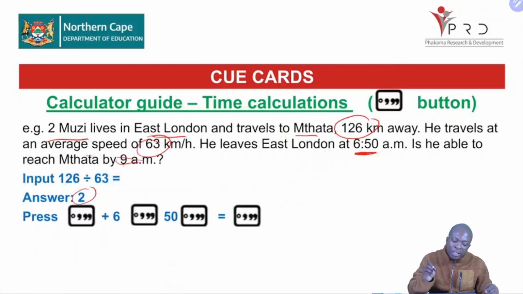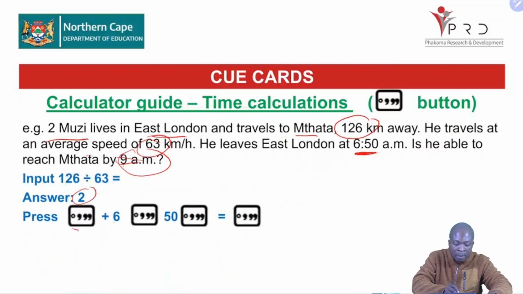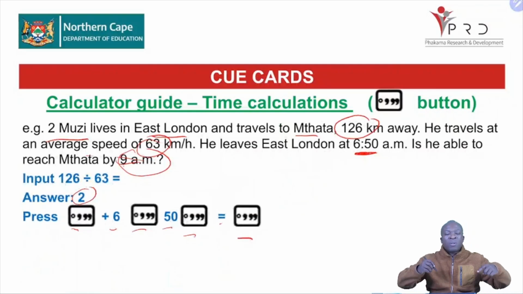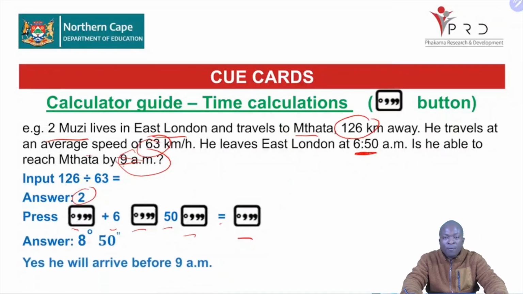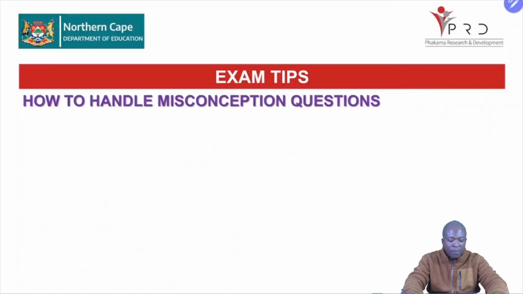Now, they are checking whether you are going to be able to arrive before 9 a.m. or after 9 a.m. So while you have that same answer on the calculator, I want you to press the time button plus 6 time button again, 50 time button. You press equal sign and then you press the time button. The calculator will change everything into 8:50 on your calculator, meaning that this person will be able to arrive before 9 a.m. Do you see how you can use the calculator with the time button? It's very much simple.